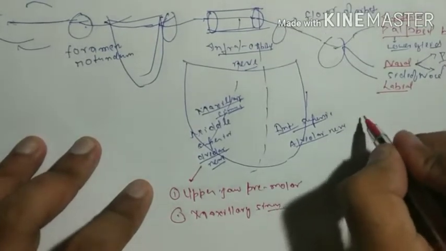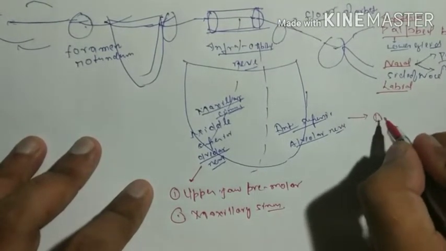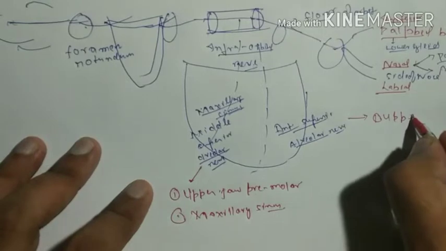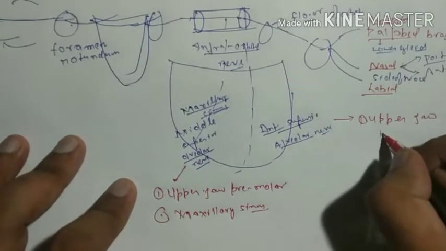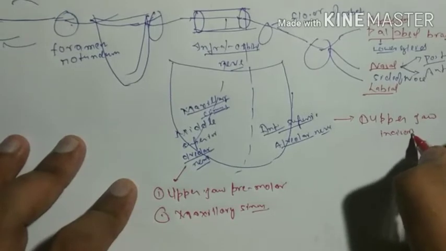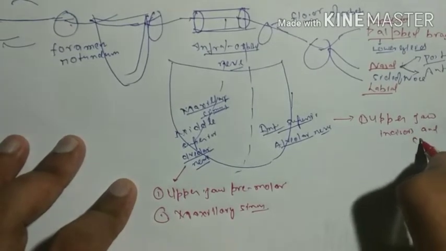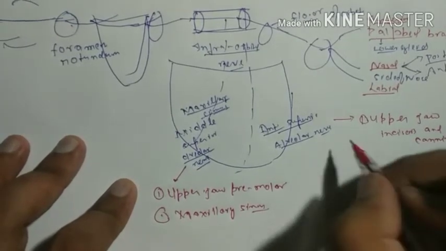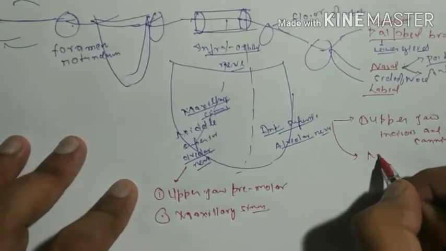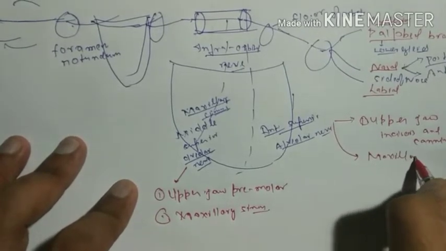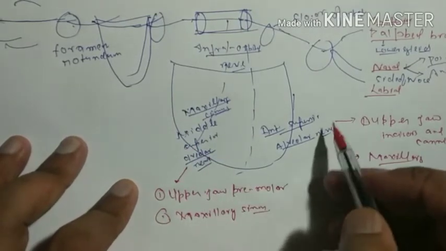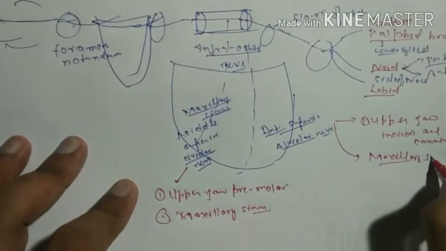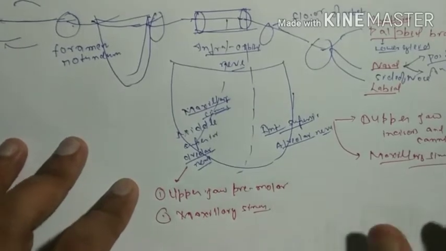The anterior superior alveolar nerve gives branches to the upper jaw incisors and canines, and one more branch to the maxillary sinus. Basically, the middle superior alveolar nerve and the anterior superior alveolar nerve both give branches to the maxillary sinus.